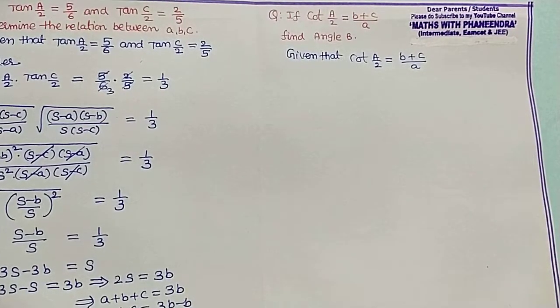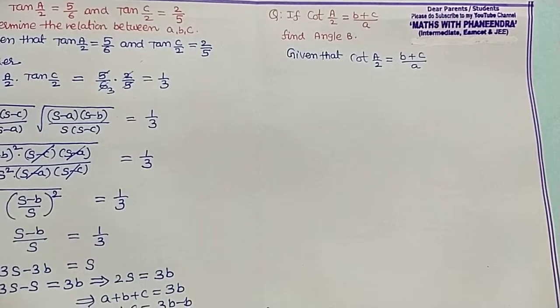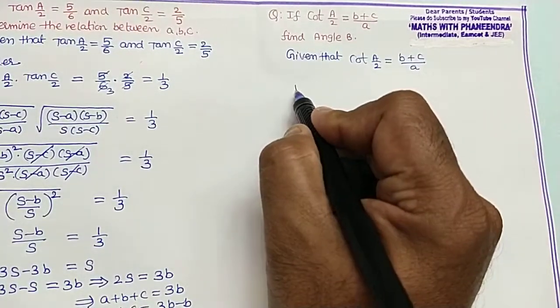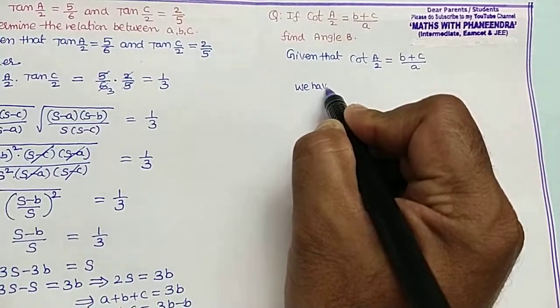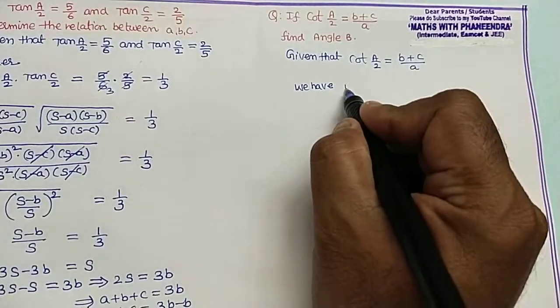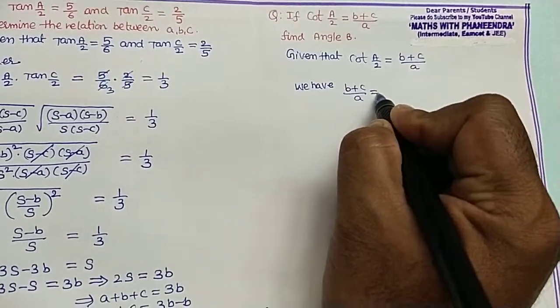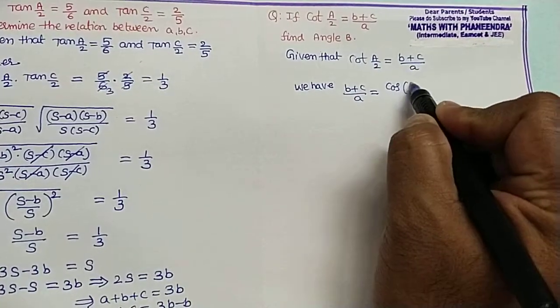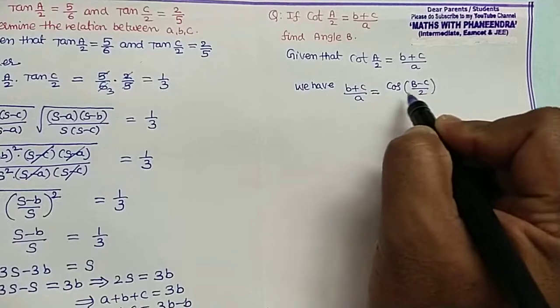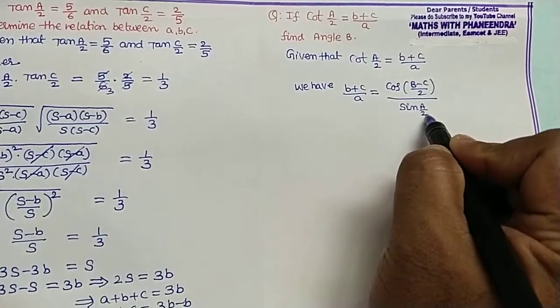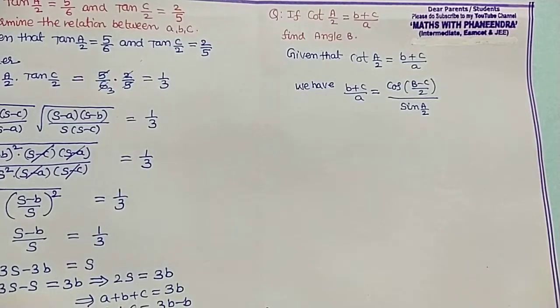After that, from one of the properties of triangles formulae, we have (b plus c) by a equal to cos of (B minus C) by 2 whole divided by sin A by 2. This is the formula we learned in the previous sessions.